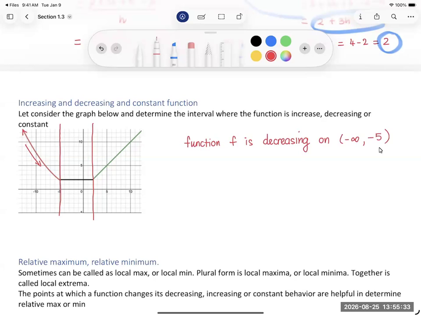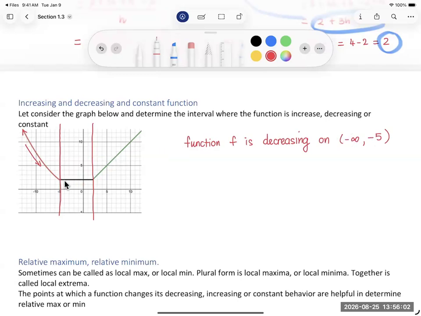One thing to pay attention to here is when you want to determine the interval of increasing, decreasing, or constant of a function, we only read the interval on the x value, not the y value, because the y value is already described right here. F is decreasing means the y value is decreasing on the x value between negative infinity and negative 5.